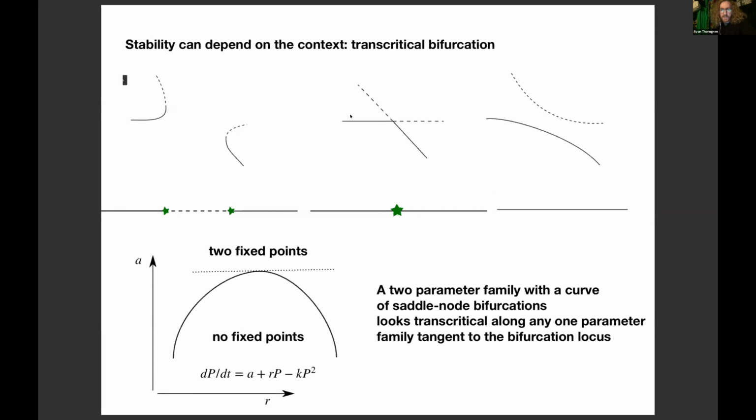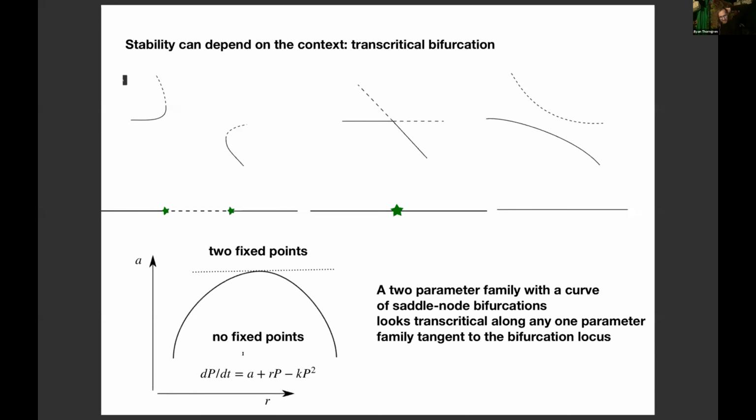You can think of these two fixed points as coming together, just kissing and then coming off. And in fact, if you add this constant term with the right sign, whatever sign this is, they don't even come together at all. They just get near each other and then scoot off to wherever they were going. For the other sign of that linear term, instead we get two saddle node bifurcations, where the pairs come together and annihilate, and then for a while there are no fixed points at all, and then there are new fixed points again.